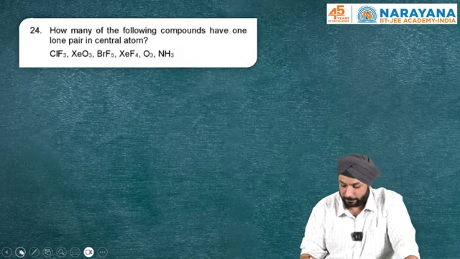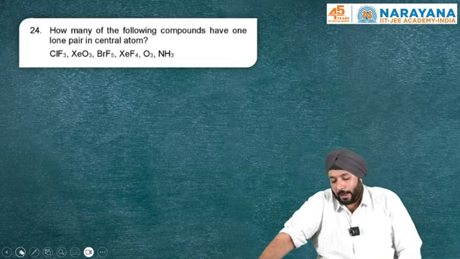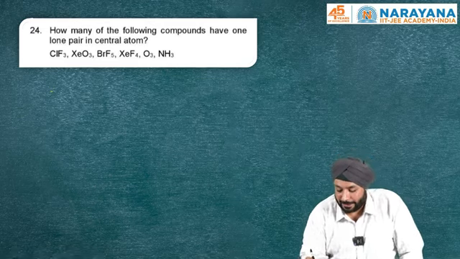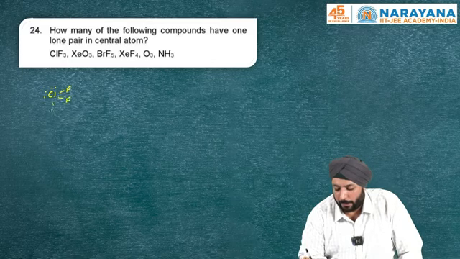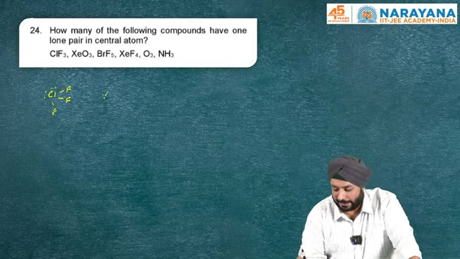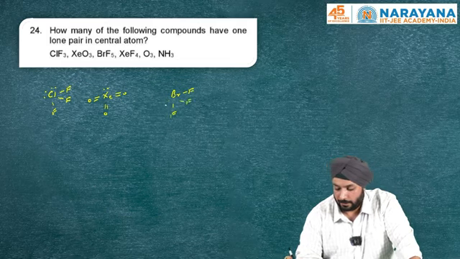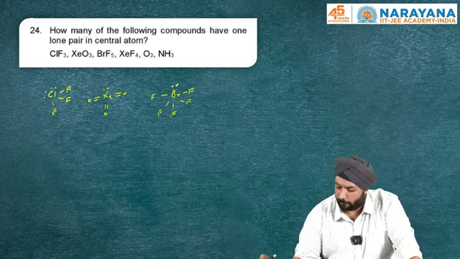So we'll move ahead. In question number 24, how many of the following compounds will have one lone pair in the central atom, right? Now, ClF3, if you draw normal bonding only without drawing the actual molecule, you'll get this answer. Xenon, BrF3, one lone pair will be left, 5 electrons will form a bond with fluorine.